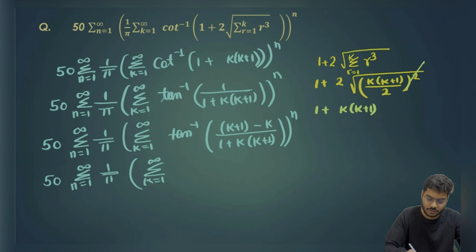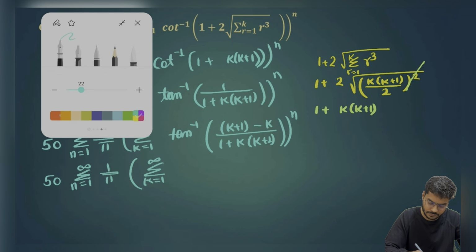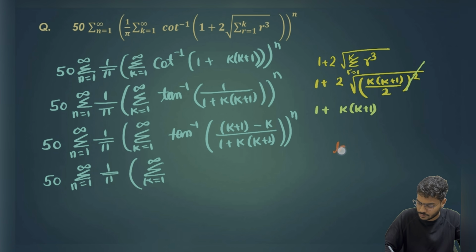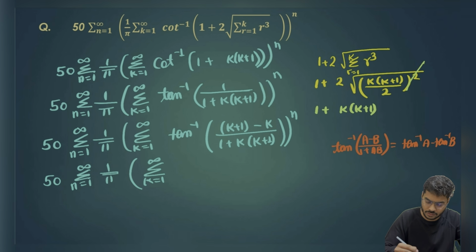Now this is again the formula. Which formula is it? Tan inverse of (a minus b) upon (1 plus ab) is nothing but tan inverse a minus tan inverse b. I will use that formula again. So what is the answer? Tan inverse (k plus 1) minus tan inverse k.